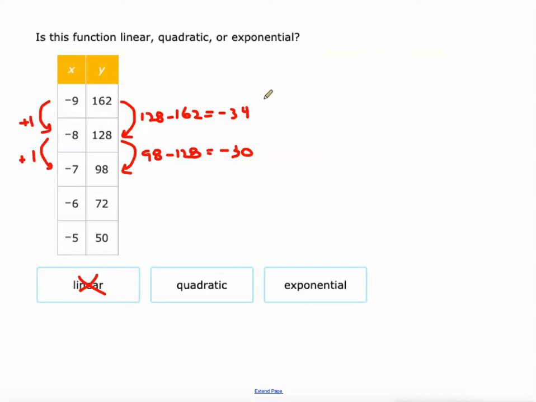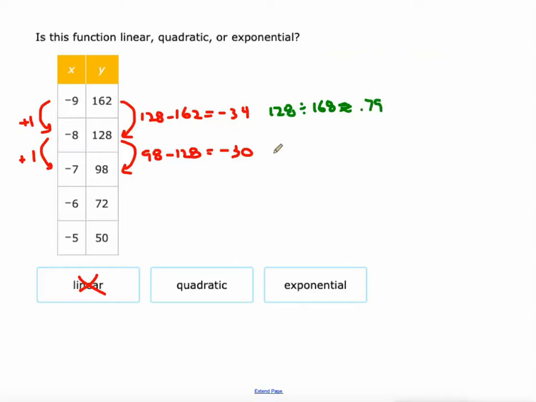Let's check exponential. Let's do 128 divided by 162. Punching that into my calculator, it's about 0.79.